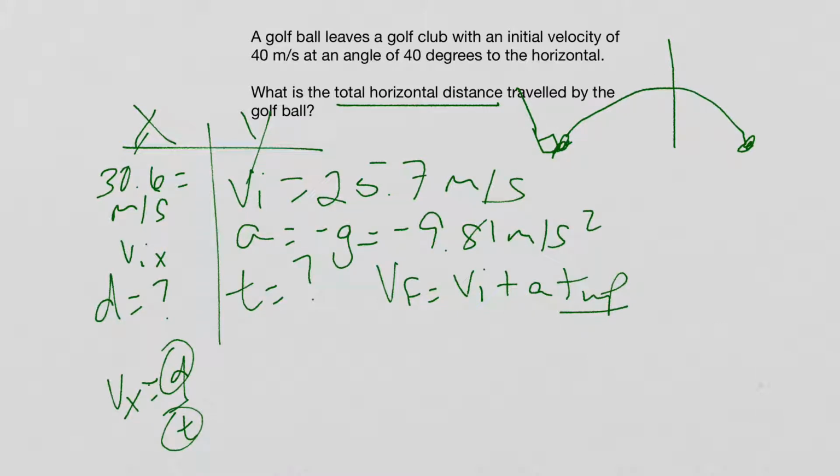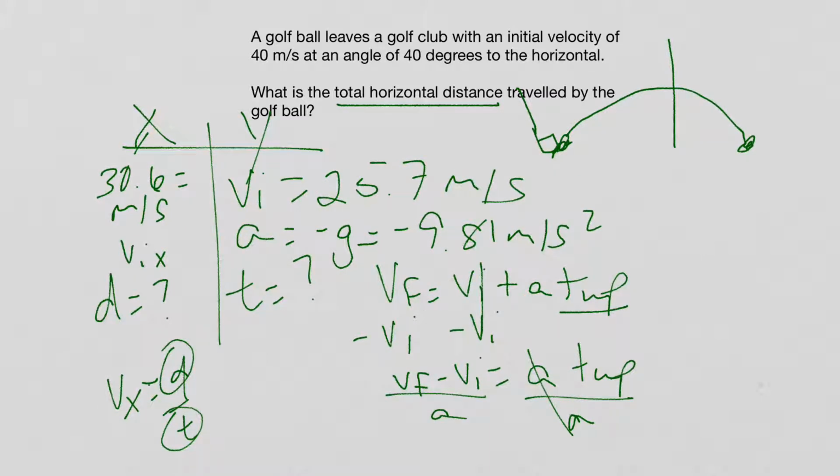We can subtract Vi to the other side. So then it's Vf minus Vi equals A t up. Divide by A. And then we can find the time in the up direction. So we have Vf minus Vi divided by A equals T up. That's where we left off on the other page.